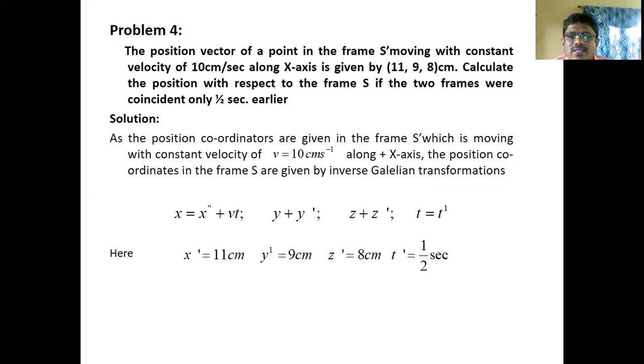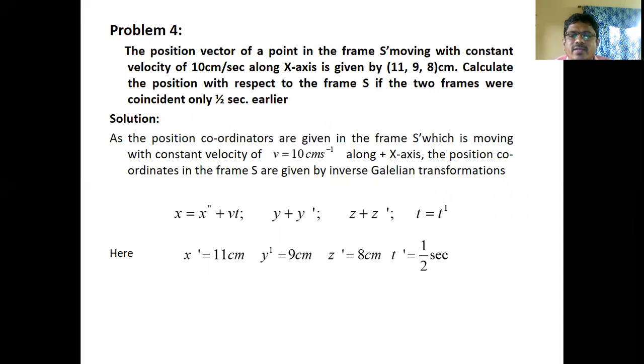Solution: as the position coordinates are given in the frame S dash, which is moving with constant velocity v is equal to 10 centimeter second minus 1 along the x-axis, the position coordinates in the frame S are given by inverse Galilean transformations.